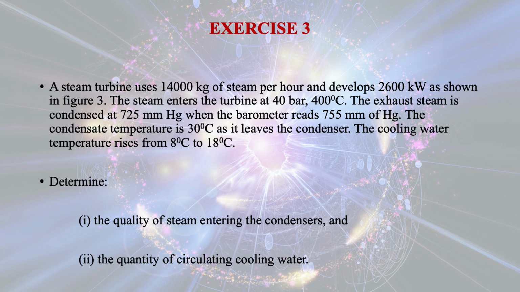The condensate temperature is 30 degrees centigrade. As it leaves the condenser, the cooling water temperature rises from 0 degrees centigrade to 18 degrees centigrade. Determine the quality of steam entering the condenser and the quantity of circulating cooling water.